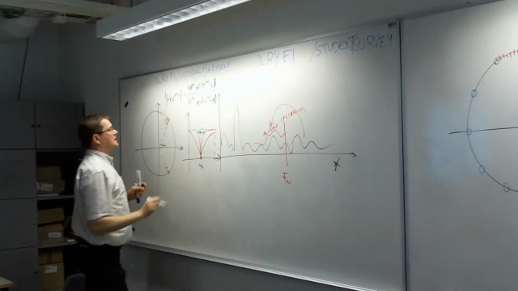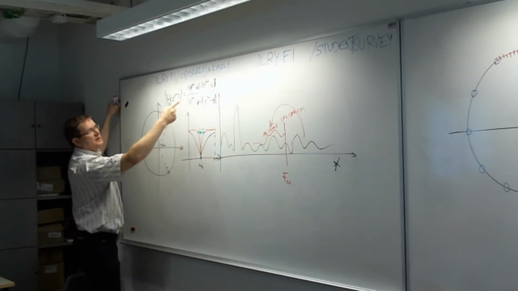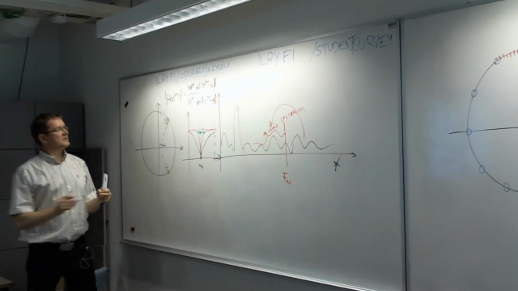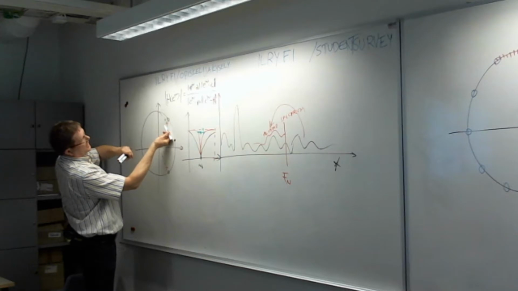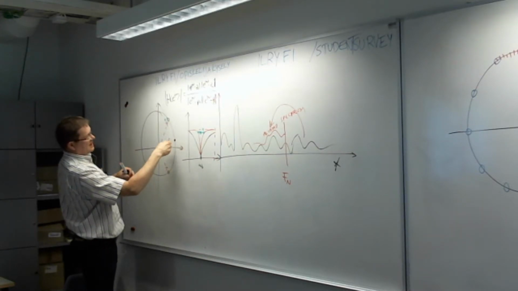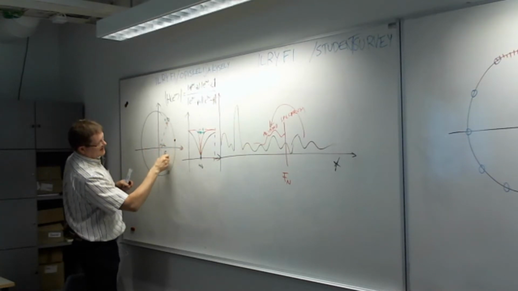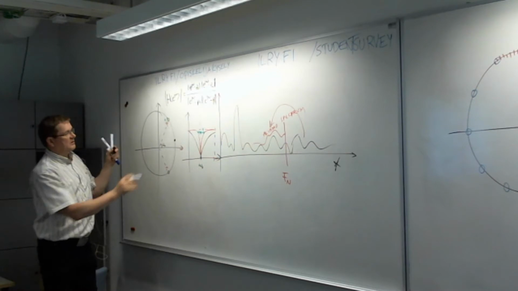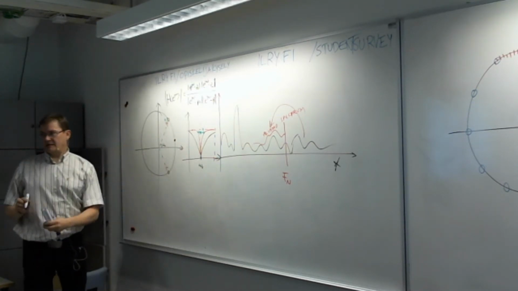If you are somewhere in far away location, basically all of these distances are just about the same. So the distances here and here are the same, as well as those distances. So if we are far away, then it's almost unity gain.